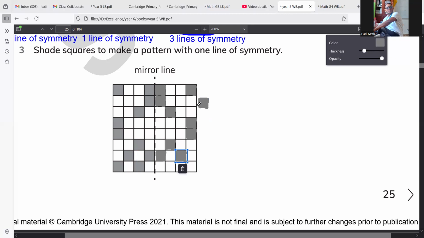Make it two away. Then you shade this one, which is just one square away. It's over here. And the last one you're going to shade is this one over here. So now when you fold over each other, they will have only one line of symmetry. And that's it. This is how it's going to look.